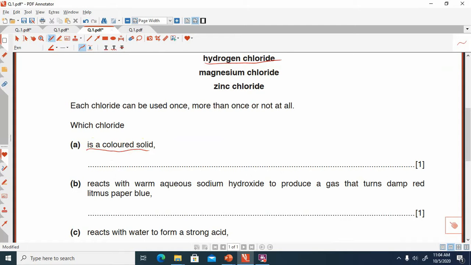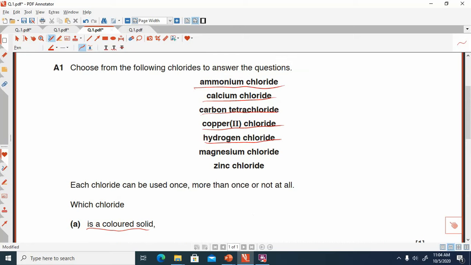So the easy answer for this one is that the transition metal will form the colored compounds. So ammonium chloride, we can say will not have any color. Calcium chloride, calcium as you know is white color. Carbon tetrachloride is an organic compound. So the copper, look at here, copper is a transition element, and when it reacts with chlorine, it will produce copper chloride and it will be a colored compound, right?